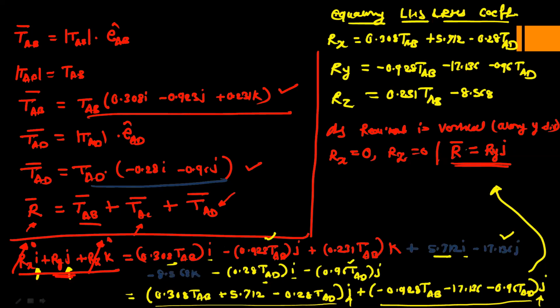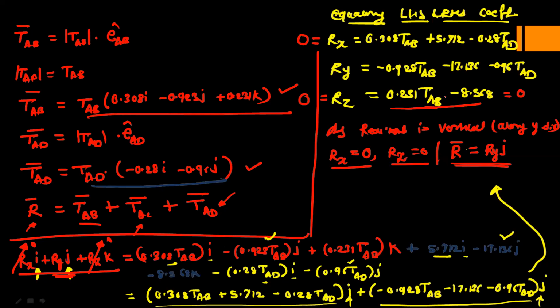So the resultant will be just Ry into J. Okay, so Rx is 0, Rz is 0, and you can put the value here. From these two equations, first you can find out the tension AB. So equate this complete equation to 0 and calculate the tension AB.